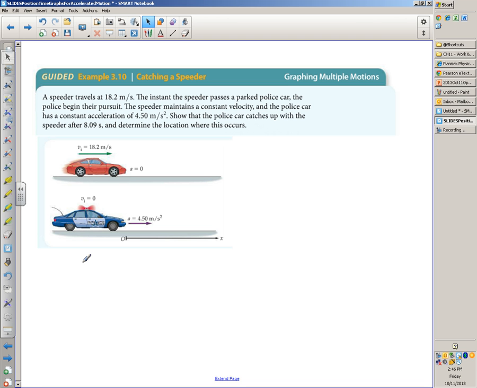What would the position versus time graphs for the red car and the blue car look like? Just a sketch. Think about what it tells you about the red car, what it tells you about the blue car.